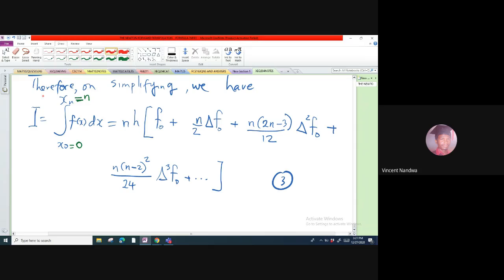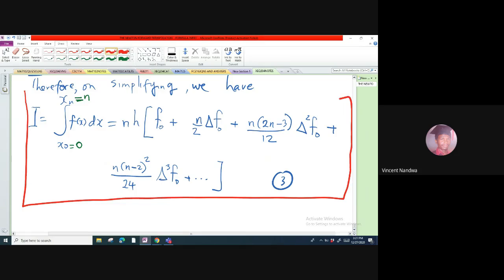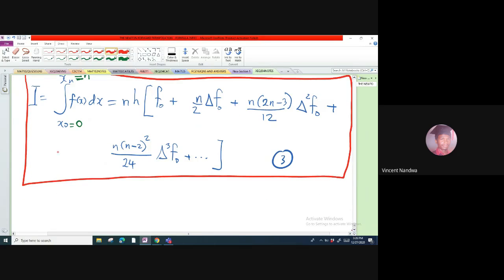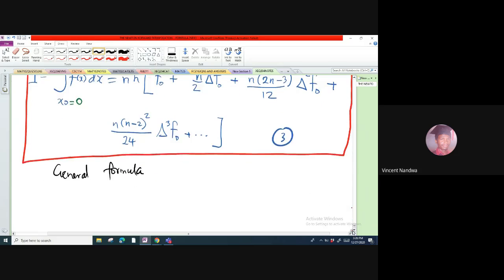So let's then say from the general formula. So this is a general formula. 3 is a general formula for carrying out that integration.